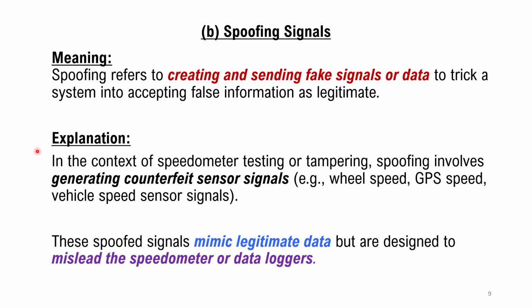In the context of speedometer testing or tampering, spoofing involves generating counterfeit sensor signals, that is, wheel speed, GPS speed, vehicle speed sensor signals. Those spoofed signals mimic legitimate data but are designed to mislead the speedometer or data loggers.